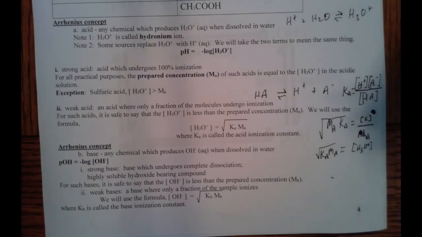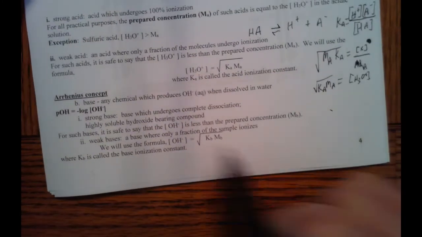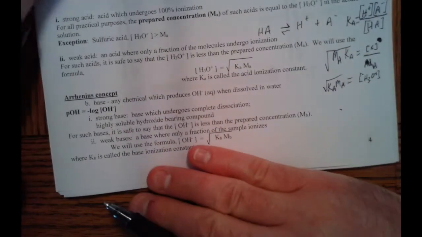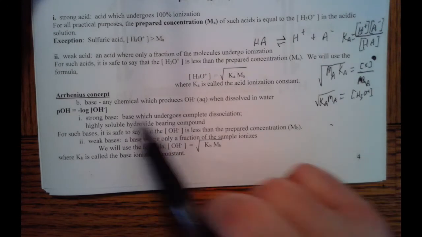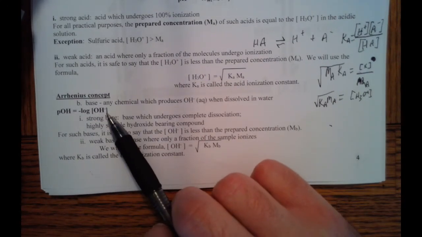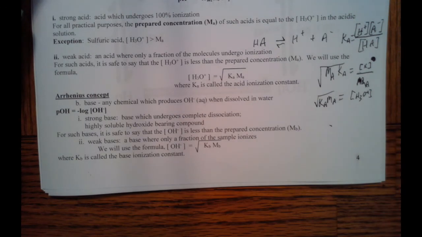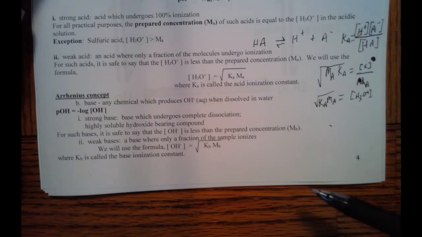That's for when you're looking at it and it's not one of those 6 strong acids that we had from the notes. Keep that in mind. The same thing occurs for the bases. There's something called the pOH, and basically that's just a log function of the hydroxide ion concentration. For a strong base, it's the negative log of the hydroxide concentration, which is the molarity of the base.